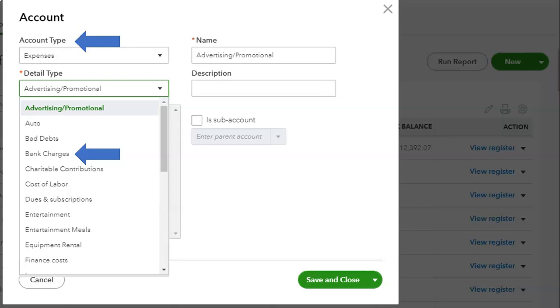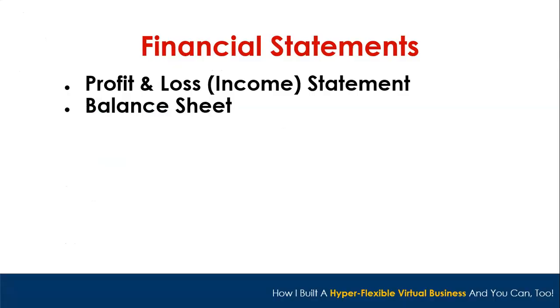If there's not, you can always change the name. You could select one of these account detail types, and where it says name, there's a little star, and you can actually edit that. So if, instead of advertising promotional, they have something more specific like website expenses that they want you to create, that's fine, you can do that. Again, thinking about what buckets make the most sense to our clients.